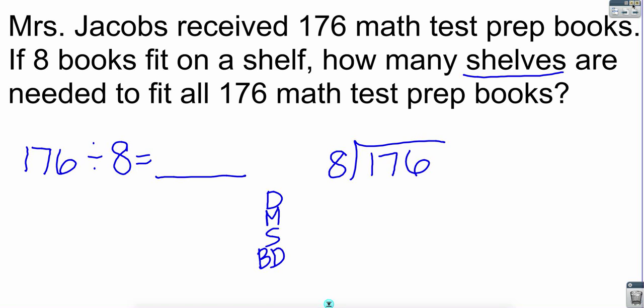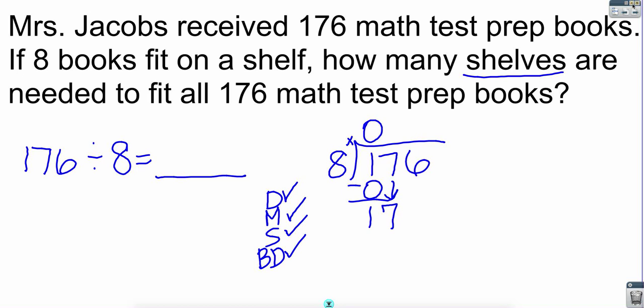All right. 8 does not go into 1, it goes in 0 times. 0 times 8 is 0. Subtract. Bring down. Start over. How many times does 8 go into 17 without going over? 8, 16, 24.